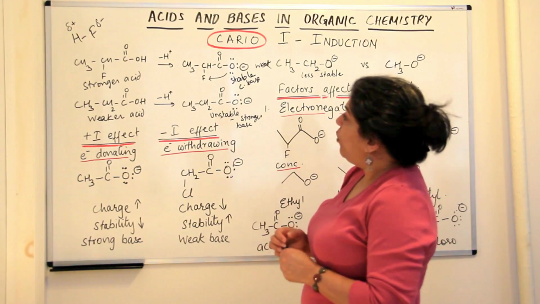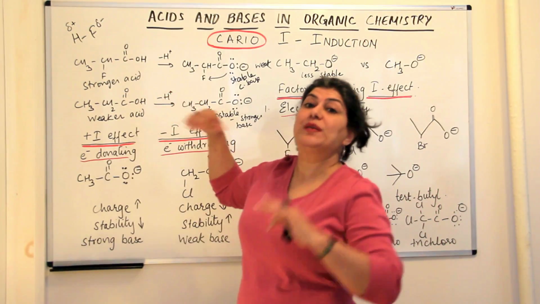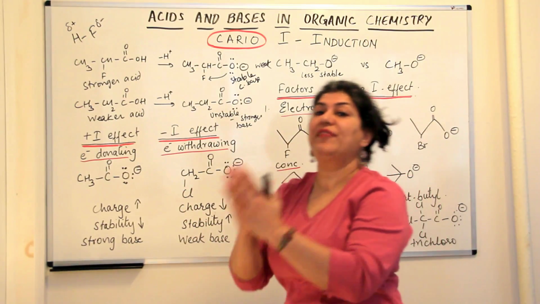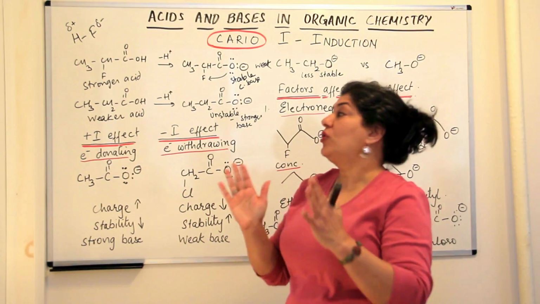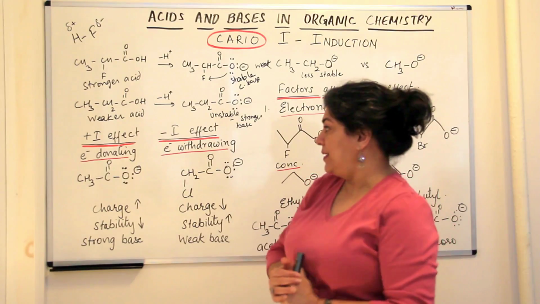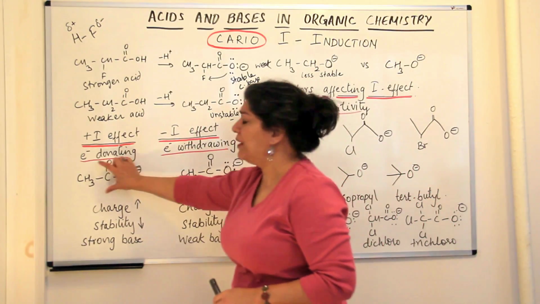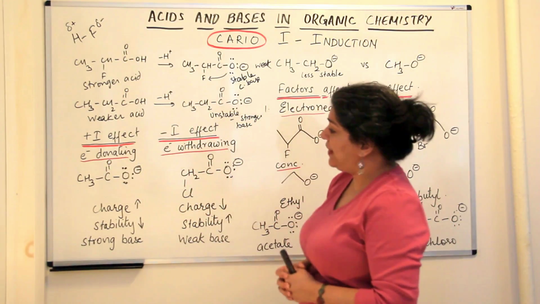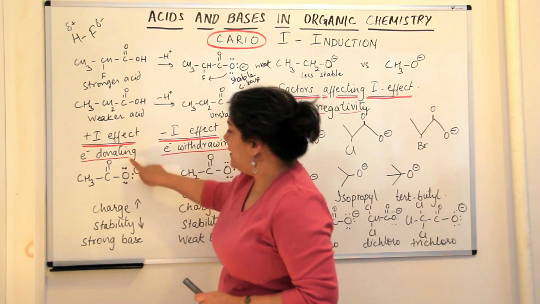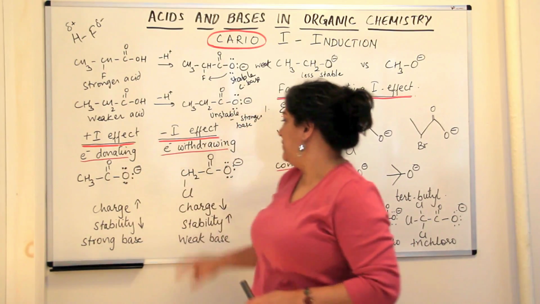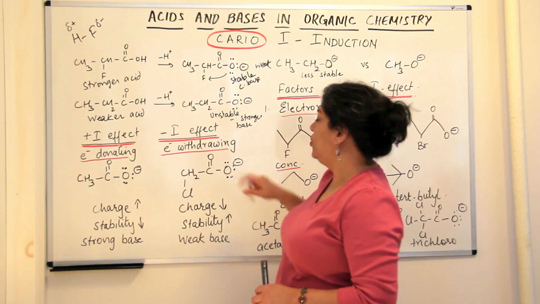So did you see what the inductive effect was and how it affects the acidic strength or the basic strength of the acids and bases? Let me take one more example of the plus I and minus I effect. Here you notice again it is the COO negative and this is CH2COO.